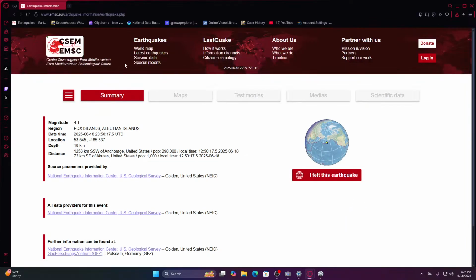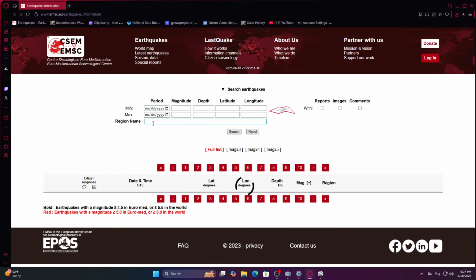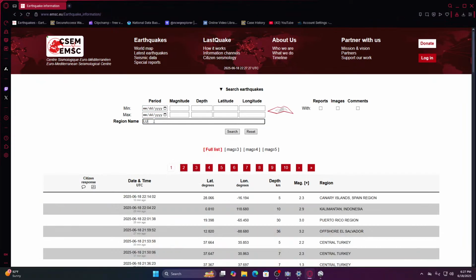Let's do Aleutian Islands for this one. Won't pull up that way. Let's see here. Fox Islands, Aleutian Islands. There we go.